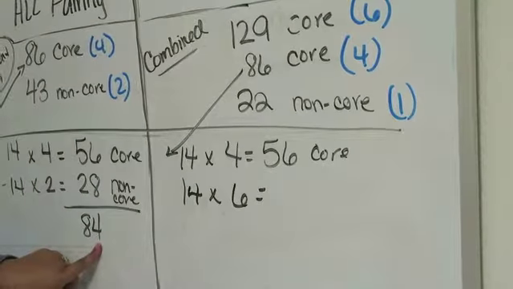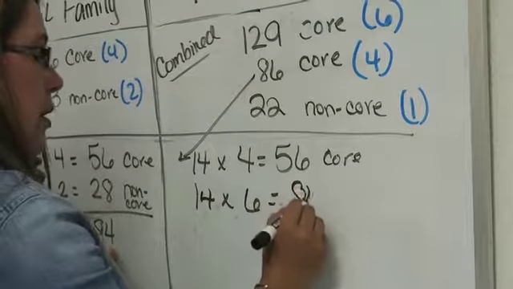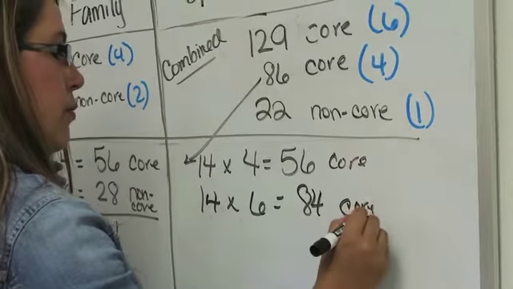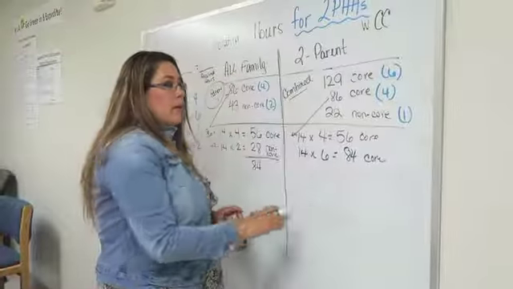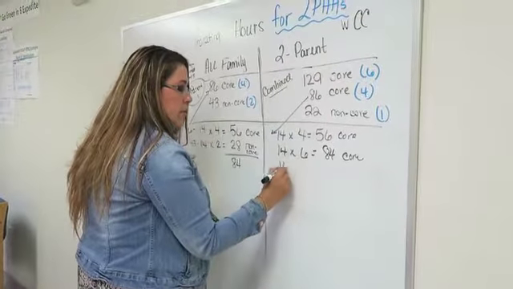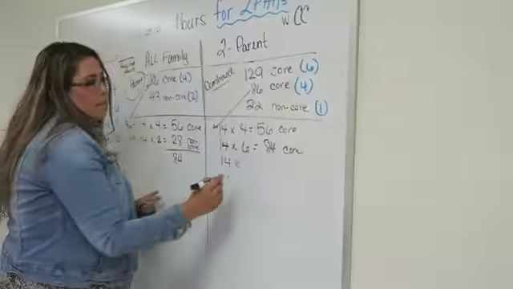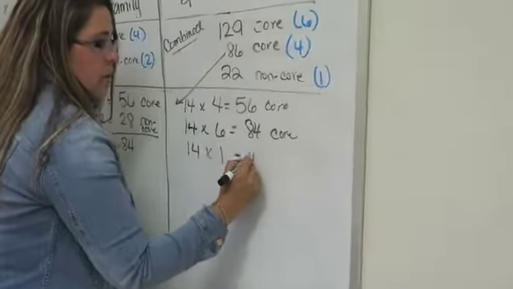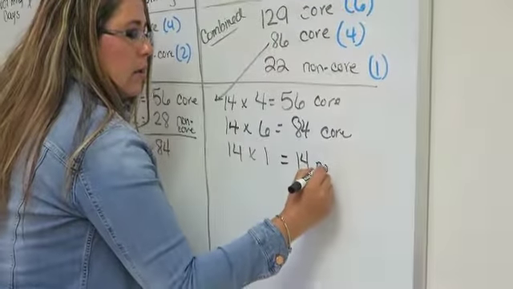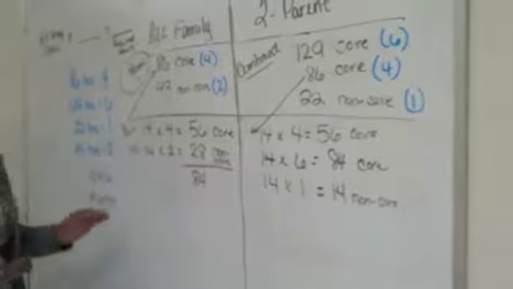Well, we've already got our calculation right here, so we know 84 hours core, okay? And so now we're looking at these 22 hours, and so it's going to be 14 times 1, which is going to be 14 non-core, a minimum, okay?